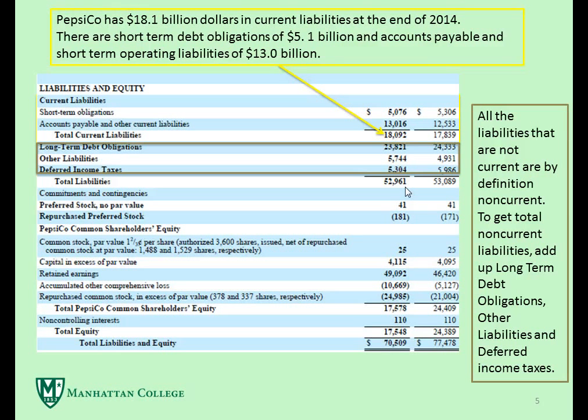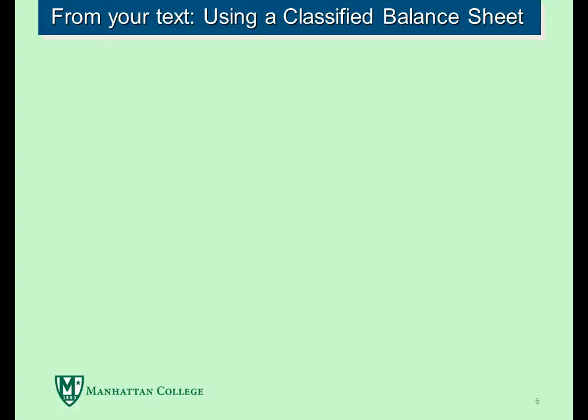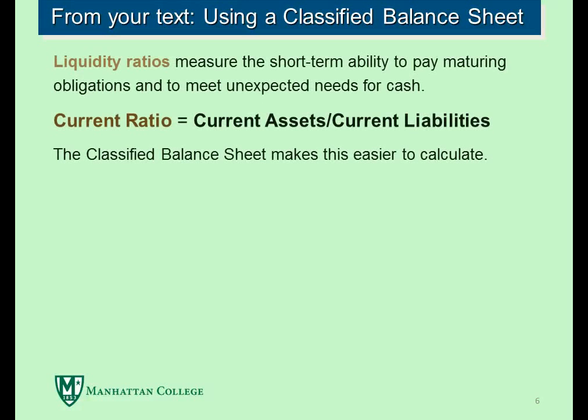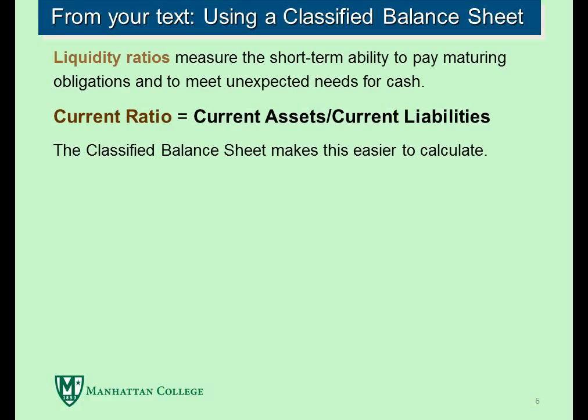The thing that you will see in the next page is that these ratios allow us to compare a company to itself over time and to other companies in different industries and different sizes. So, from your text, we use classified balance sheets to calculate ratios. An excellent ratio is the current ratio, which says how much current assets within a year or an operating cycle do you have to take care of these current obligations or liabilities.